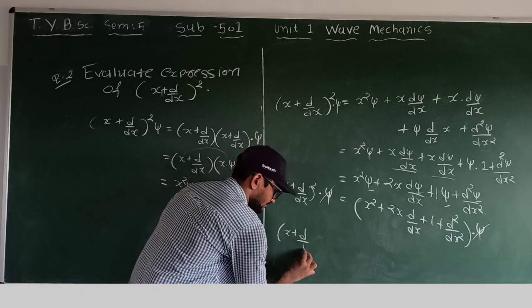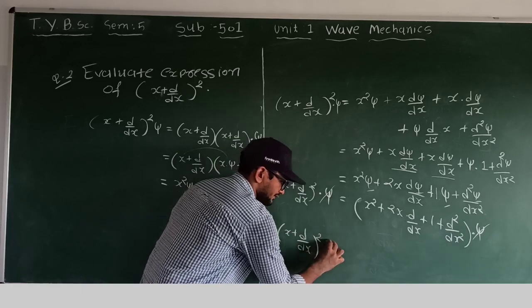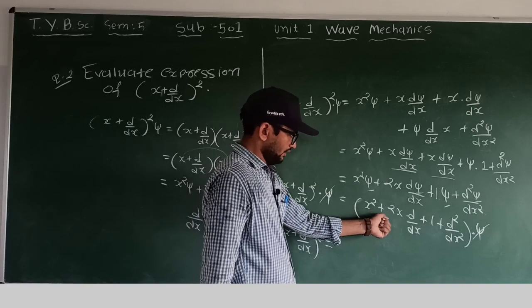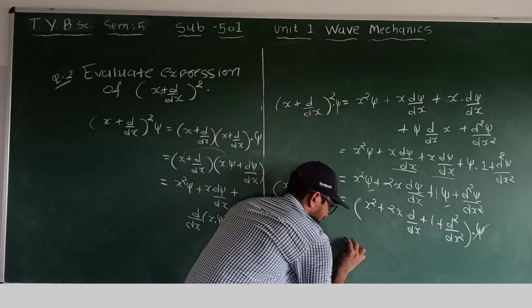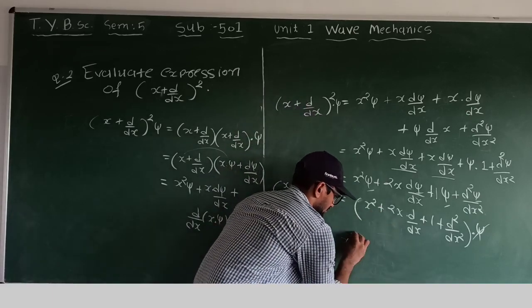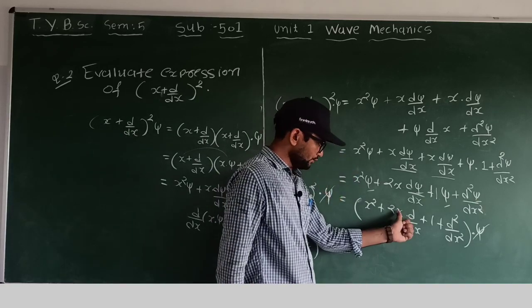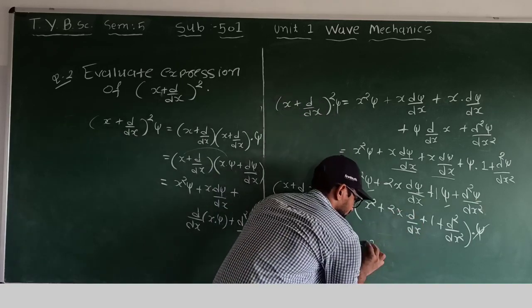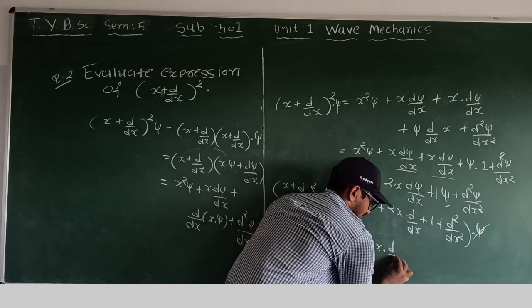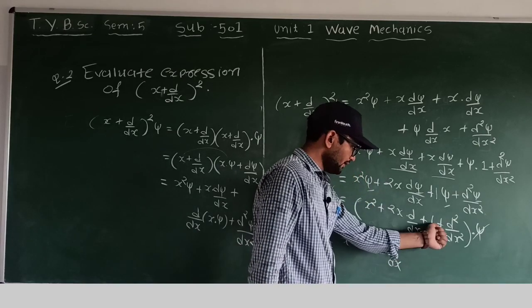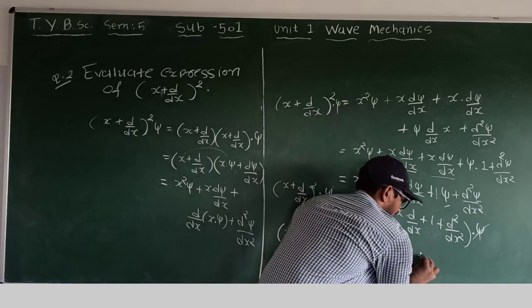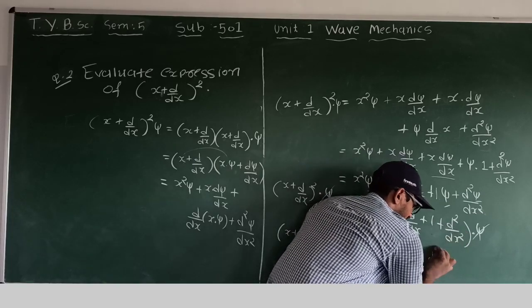So the final expression will become (x + d/dx) squared is equal to x square plus 2x d/dx plus 1 plus d square/dx square.